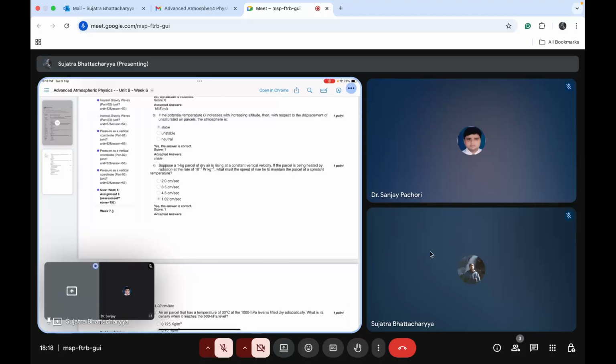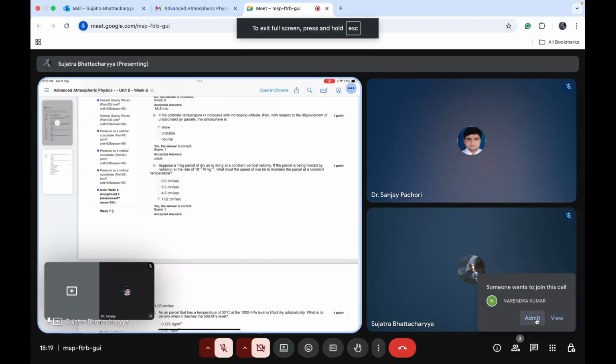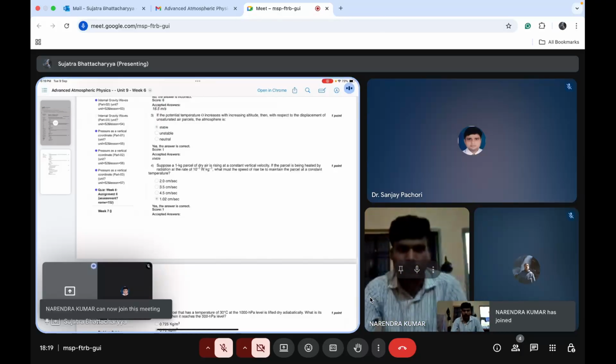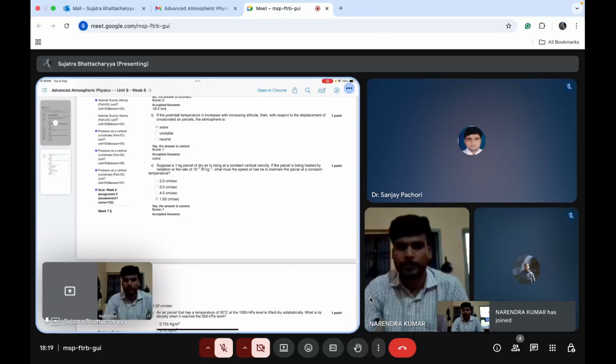So remember, we have done so many equations in your atmospheric physics. Which equation do you think will be used here? Where you see that there is a dry air parcel, there is a vertical velocity, and also there is a radiation rate which is given.